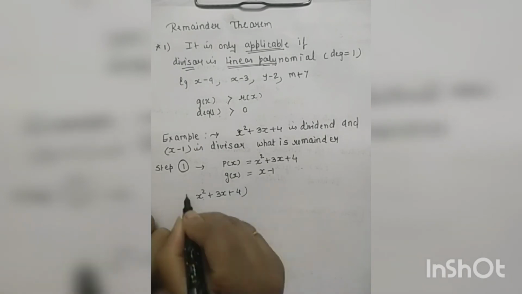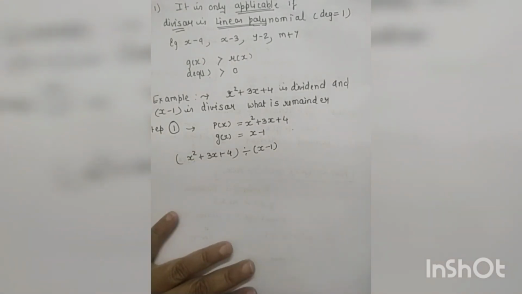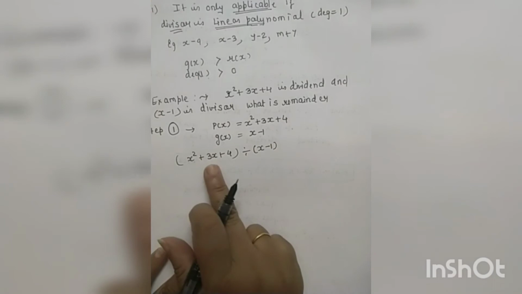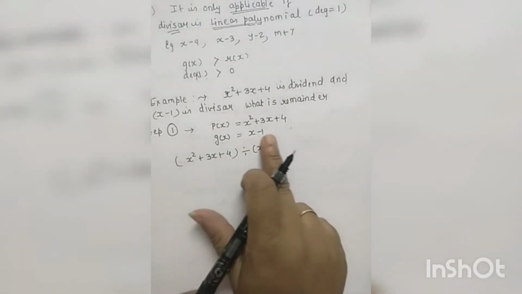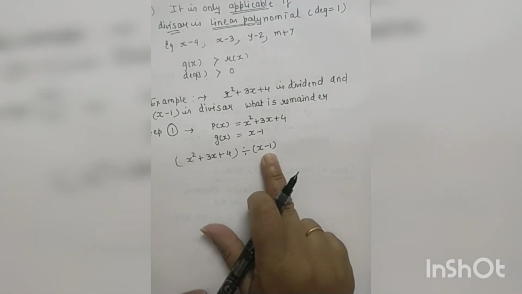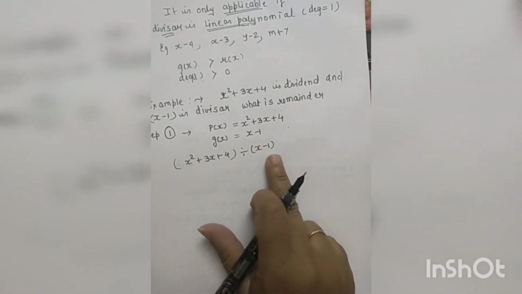So x square plus 3x plus 4 is divided by x minus 1, which is a linear polynomial, and whenever it is linear, we know the remainder has degree 0.